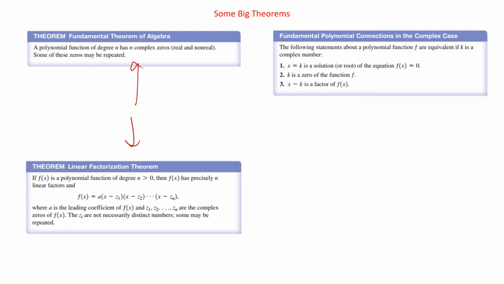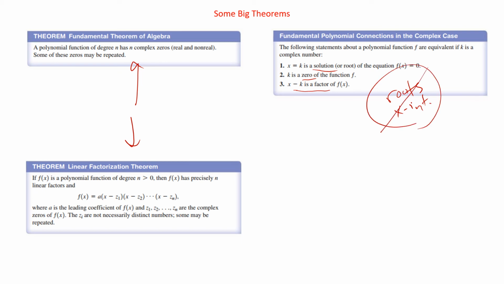The fundamental polynomial connections in the complex case. This is just an update on the synonyms that we had for roots, zeros, solutions, x-intercepts, all those things mean the same thing. Well, for complex numbers, when we have non-real numbers, we still have some. It could be the solution. We still call it a zero because it's what makes the function zero. Or x minus k is a factor. What we don't have are roots and x-intercepts.